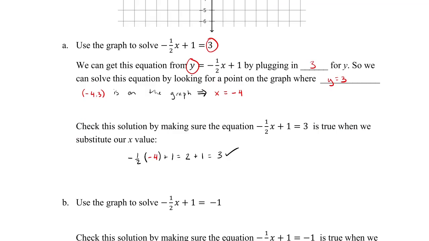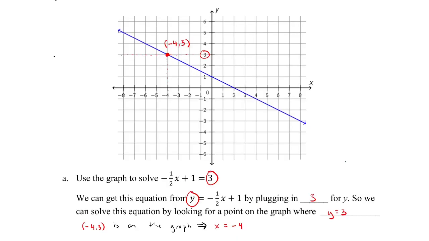We'll do the same thing for the equation negative a half x plus 1 equals negative 1. That negative 1 is taking the place of y. So we want to find the point where y is negative 1. Going back up to the graph, we find the negative 1 on the y-axis, scan across, and we find this point.